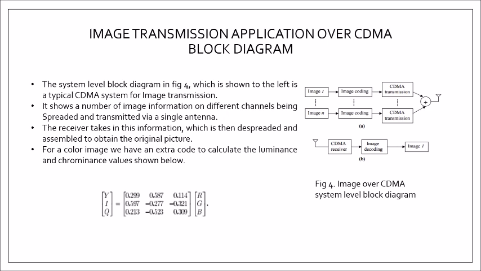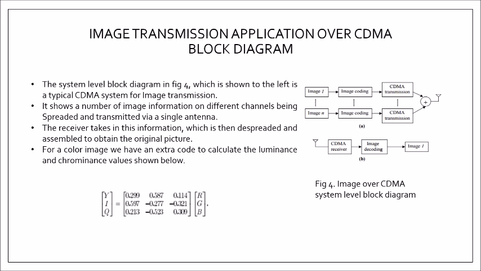Now, talking about the application of image transmission over CDMA, there is a block diagram given in figure 4. This block diagram is a typical CDMA system for image transmission.